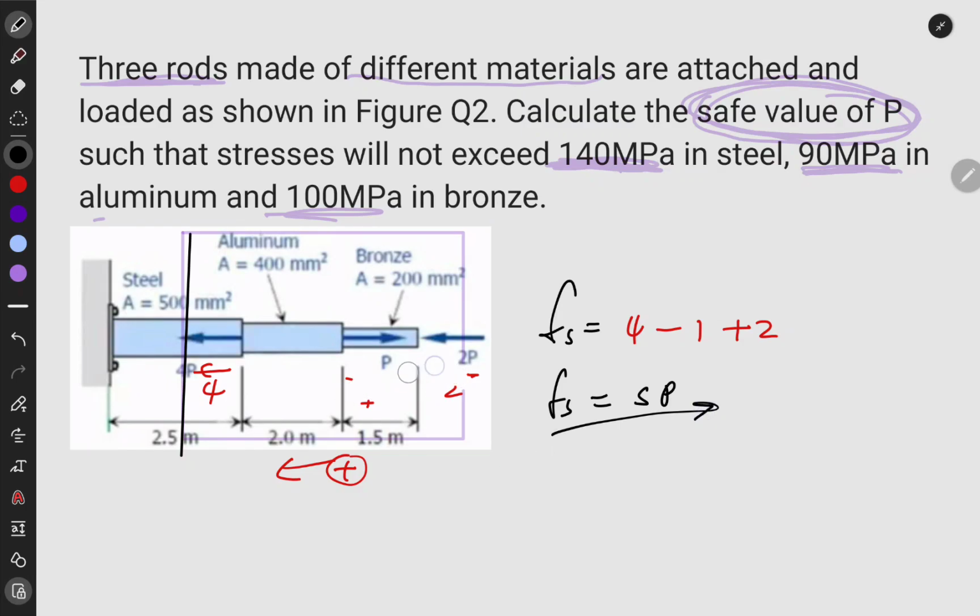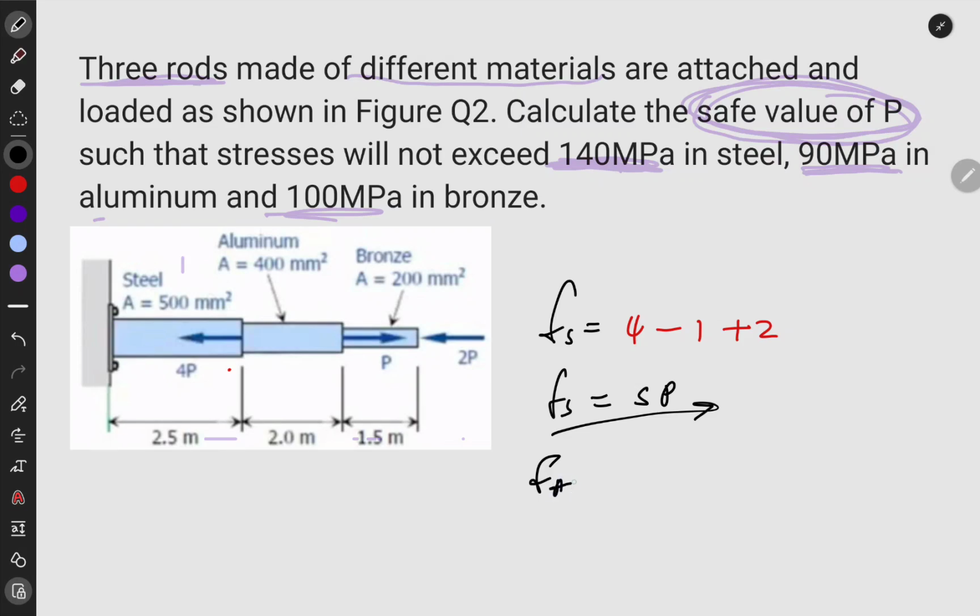Let's look at something else. Let's look at forces on aluminium. I'm going to do the same thing. Force on aluminium, if I cut here, now I'll look at all the forces on this side. What do I have on this side?